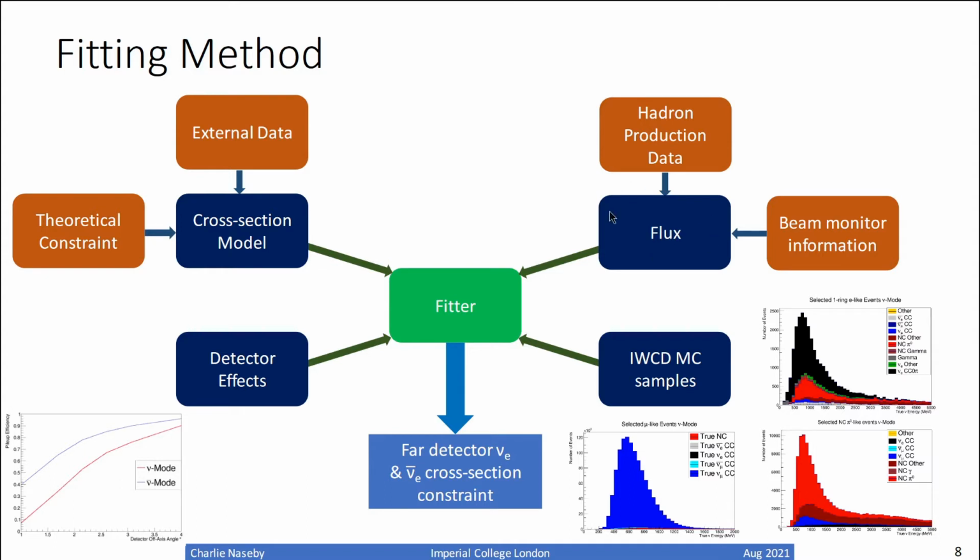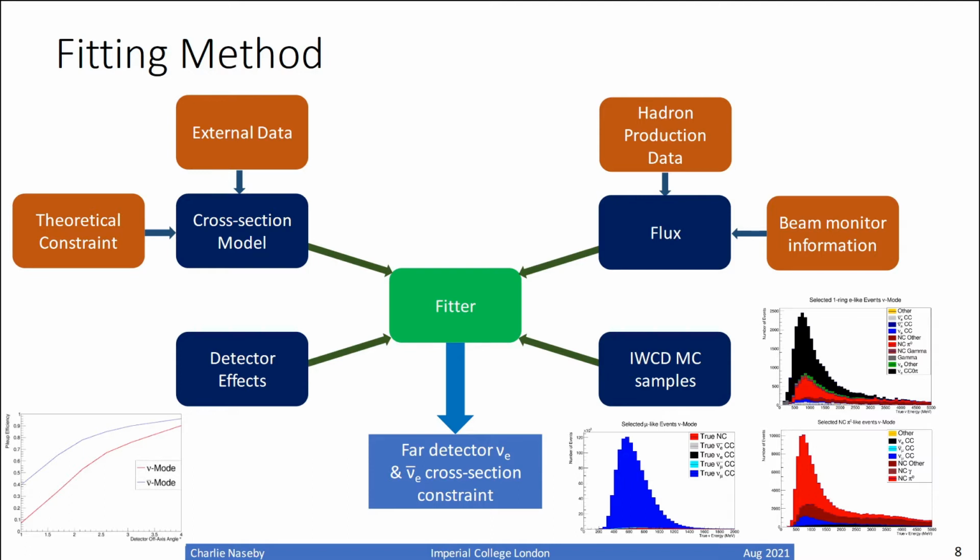We then have a model of our neutrino flux, which is likewise constrained by external data and our beam monitoring information. Then we have detector uncertainties, such as the uncertainty on the energy reconstruction and interaction pileup, which I'll get onto later on. And then finally, we have the samples from the IWCD, which can be used to constrain the parameters present in all of these models.